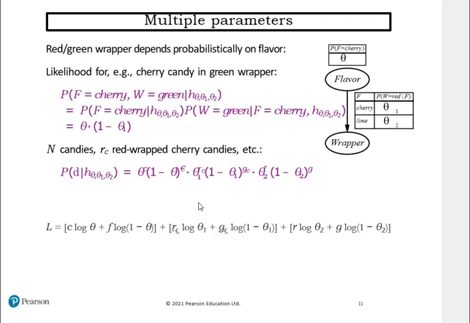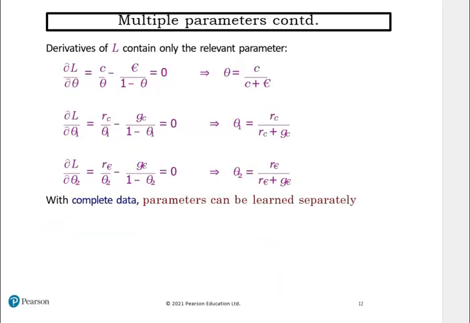So we take the log of this once again to help us take the derivative, and now we have three parameters, so we have to take three partial derivatives. It's going to be partial L partial theta, partial L partial theta 1, and partial L partial theta 2.